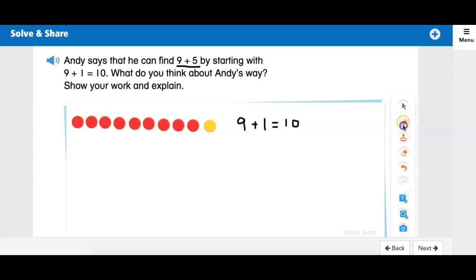Let's look. If we look at the two equations that Andy says he could use, we see he uses 9 plus 5 and 9 plus 1. Well, if we know that 9 plus 1 is equal to 10, and we want to find 9 plus 5, well, if we're adding 9 and 1, and also 9 and 5, then we would just have to add 4 more to the number 1 to give us 9 plus 5.